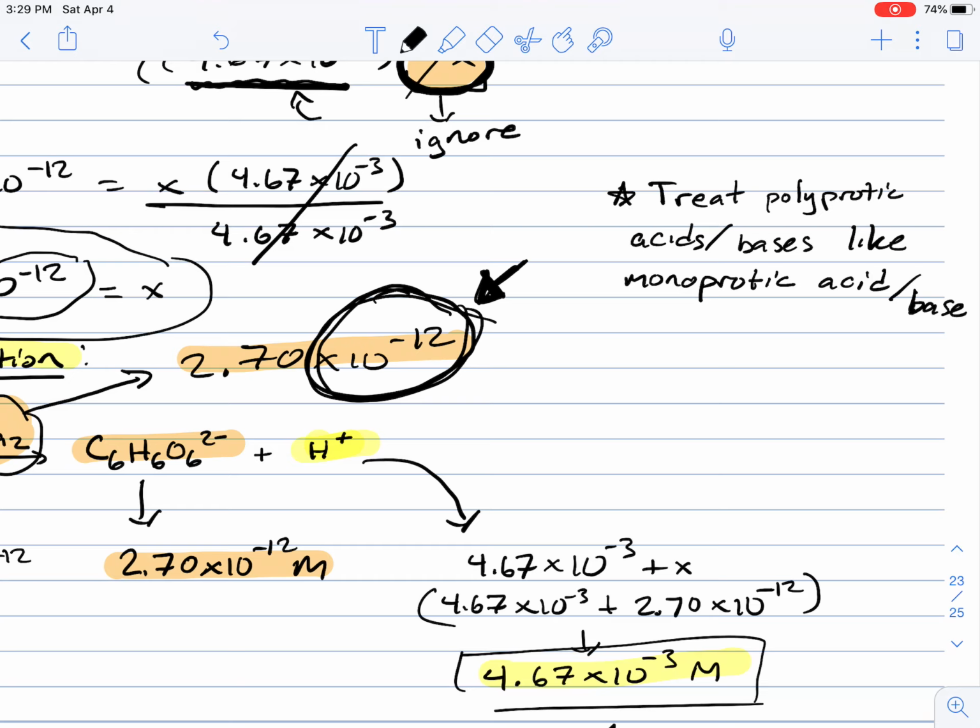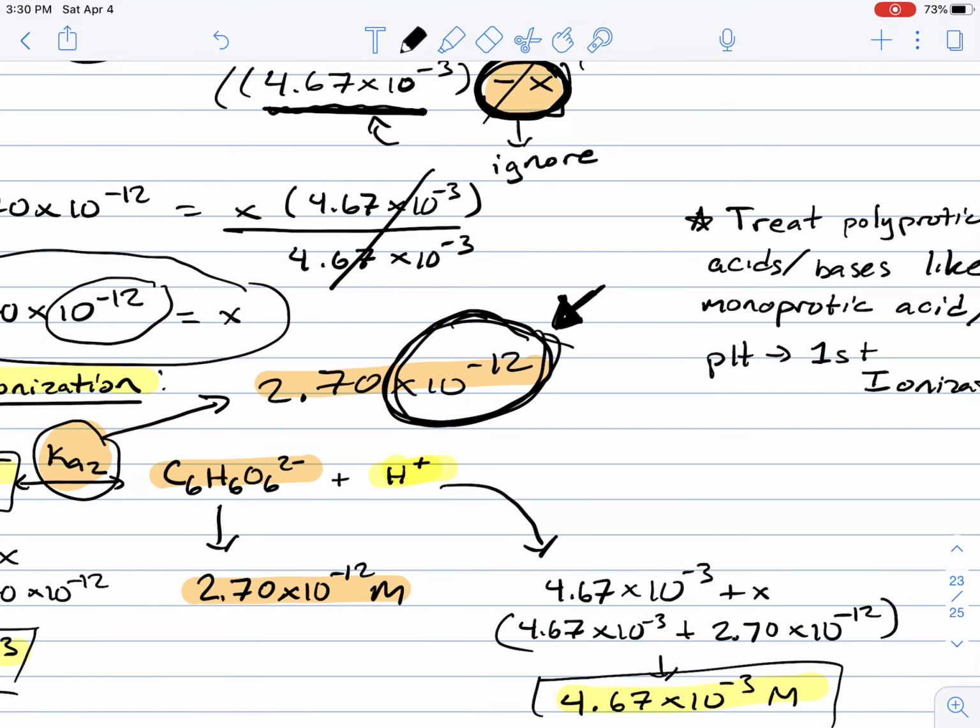In other words, we can determine the pH from the first ionization. We don't have to do another ICE table just because the second Ka value, Ka2 or Ka3, will be significantly less than the first ionization constant.